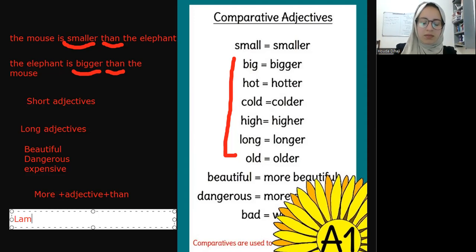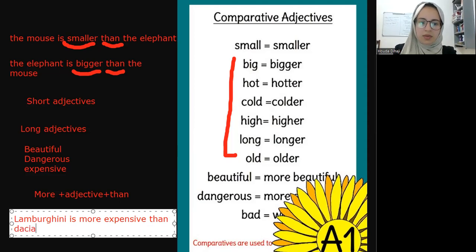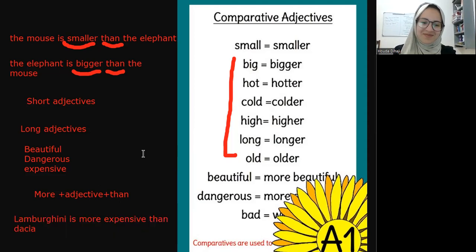Lamborghini is more expensive than Dacia, for example. This is just an example. All right, good. Please give me an example with the words small, big, hot, all these words here, in a sentence in which you compare between two things, أعطيني مثال بكل هذه الكلمات هنا بطريقة أنك يجب أن تقارن بين شيئين.